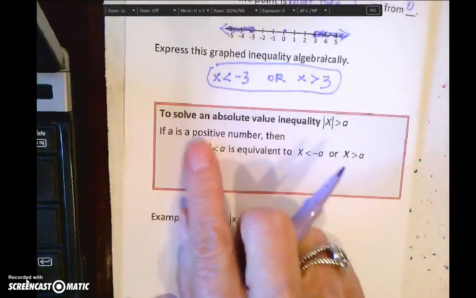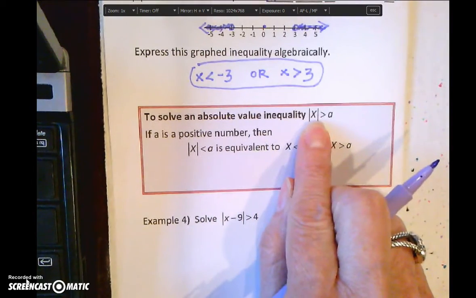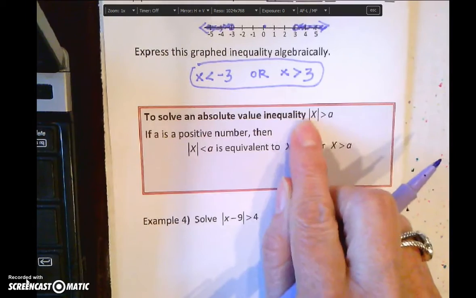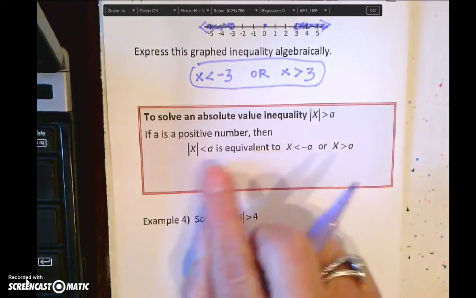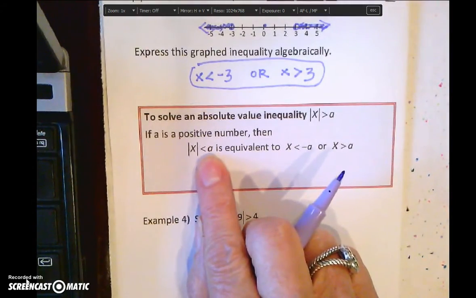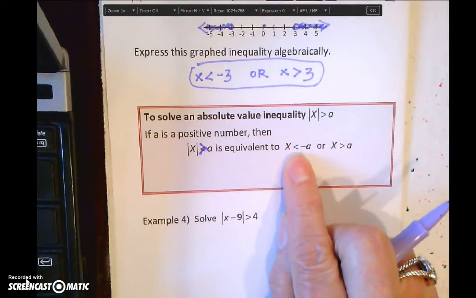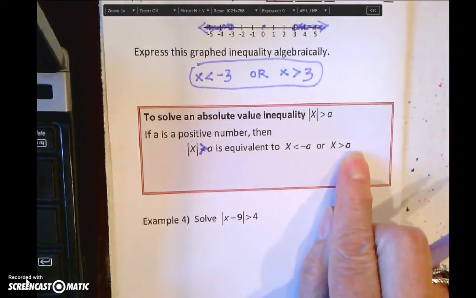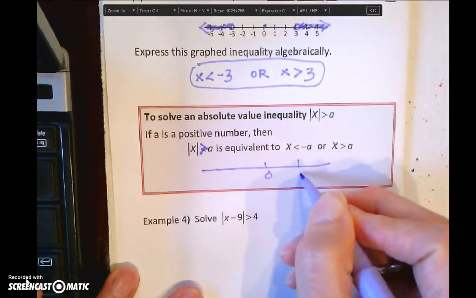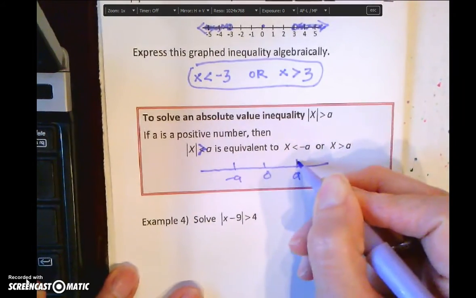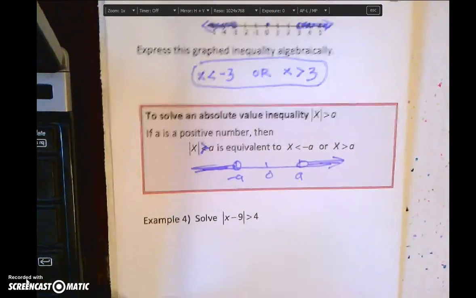To give it in general terms, to solve an absolute value inequality where the absolute value of x is greater than a, where x could represent any expression, if a is positive, it's equivalent to x is less than negative a, or x is greater than a. And again, on a number line, here's my 0, a, negative a, and it's going to be this direction and that direction as well.